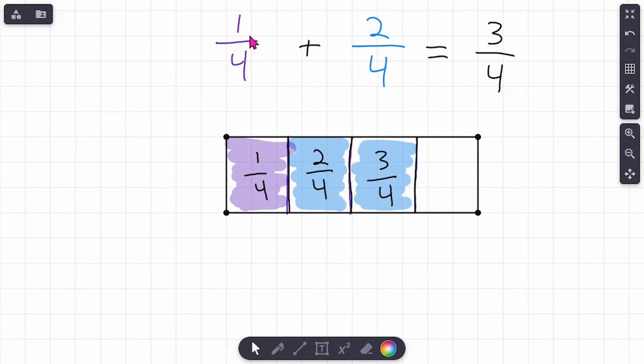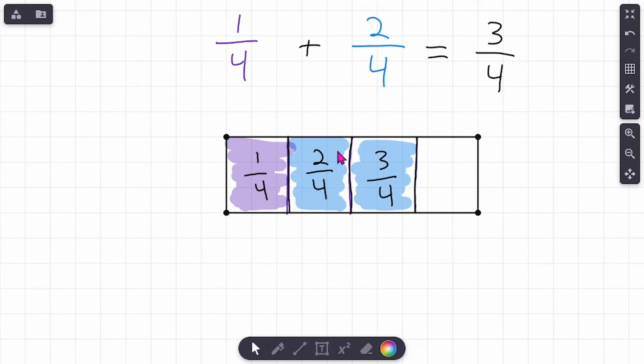Our purple fraction, 1/4, told us to color in 1 out of the 4. The addition sign told us that we could add on 2/4 more. That's where our blue section is. We colored in 2/4 more, and when we counted all of those up, we colored in a total of 1, 2, 3/4 sections.